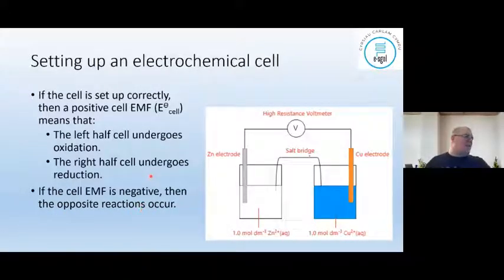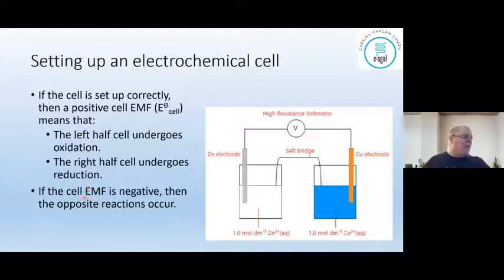So if this cell is set up correctly, so that you've got your left-hand electrode connected to the positive terminal, then a positive cell EMF means that the left-hand cell will undergo oxidation and the right-hand half cell will undergo reduction. That's if you've set it up the way that I've suggested.